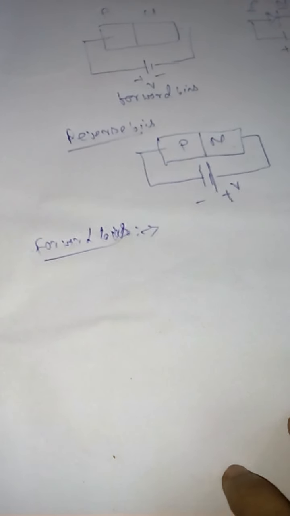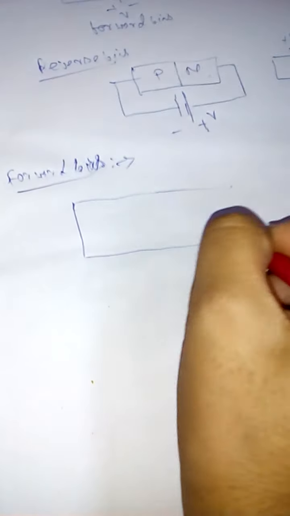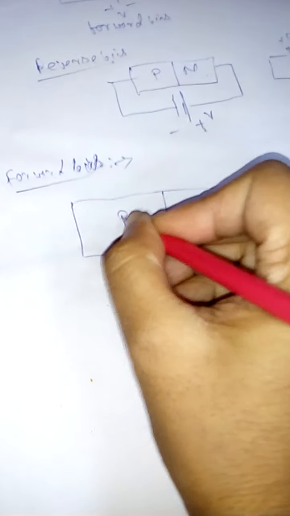So what is the connection for the voltage source for forward bias? We have seen that the positive terminal is connected to the P side and the negative terminal is connected to the N side. So here if we draw, this is P, this is the N terminal, and the voltage source, here is the positive, here is the negative.